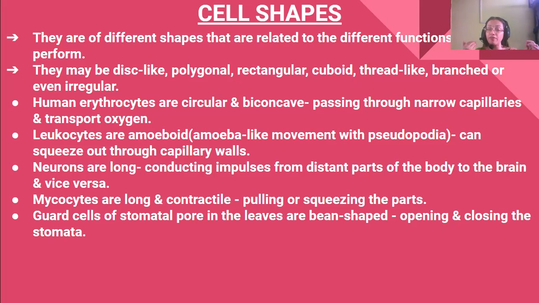Because they have to pass the impulses from one part of the body to the other, even to the brain and vice versa, and receive the messages from the brain to the different parts of the body. For that reason, the axon has to be long. The nerve cells have to be long so that the impulses can pass through. One cell is long enough to pass on the impulse.